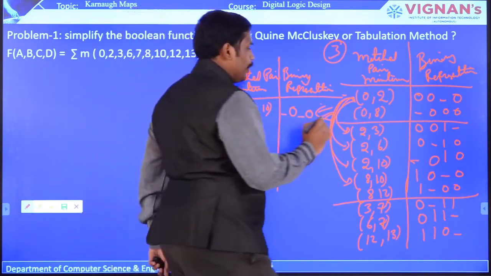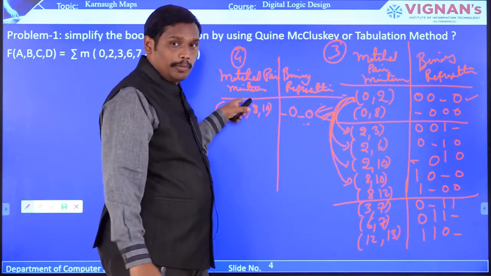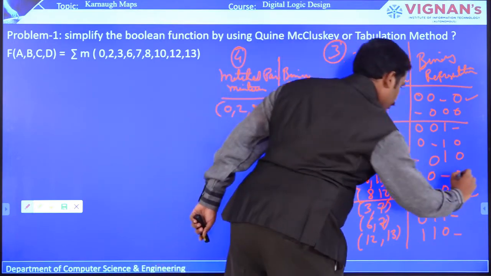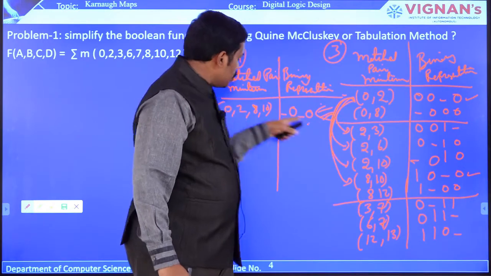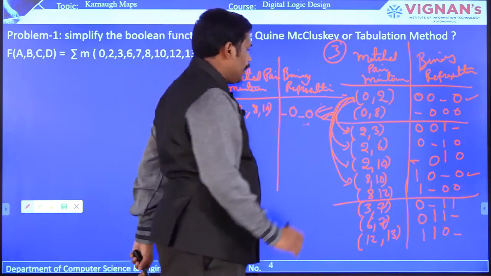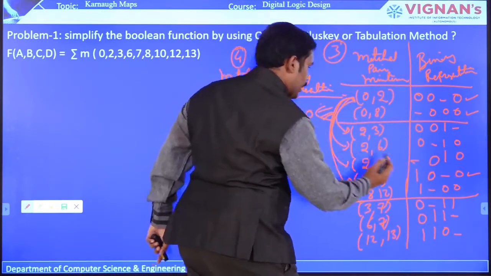We have already made a check mark, because we have generated a new matched minterm from the existing ones. So 0,2 and 8,10 will have a tick mark. In the same way, 0,8 and 2,10 will also generate the same matched pair minterm. So we will have a tick mark on 0,8 and 2,10.